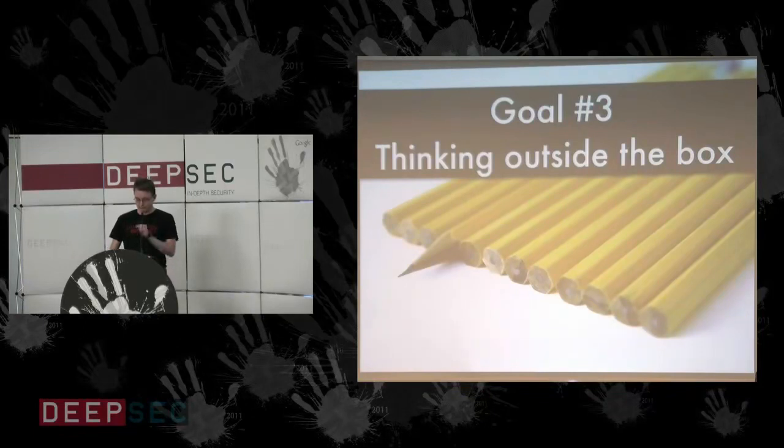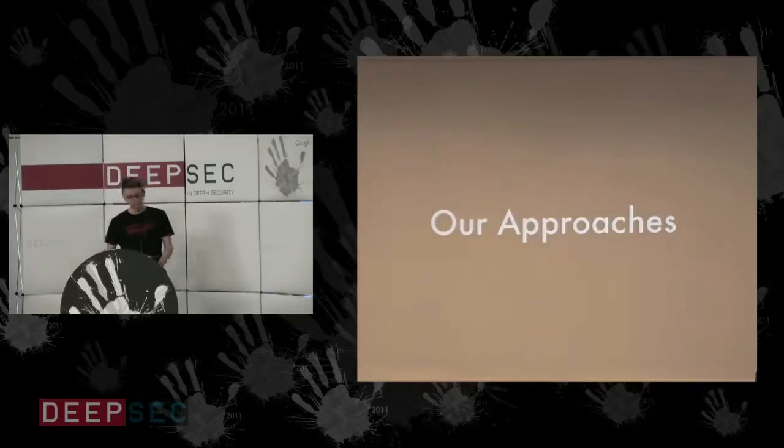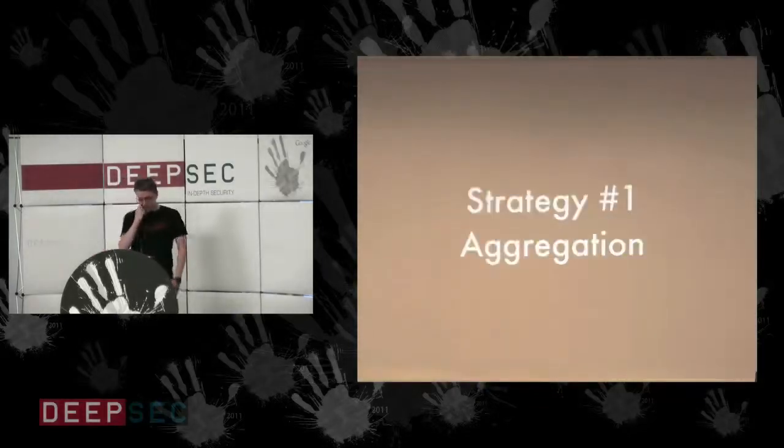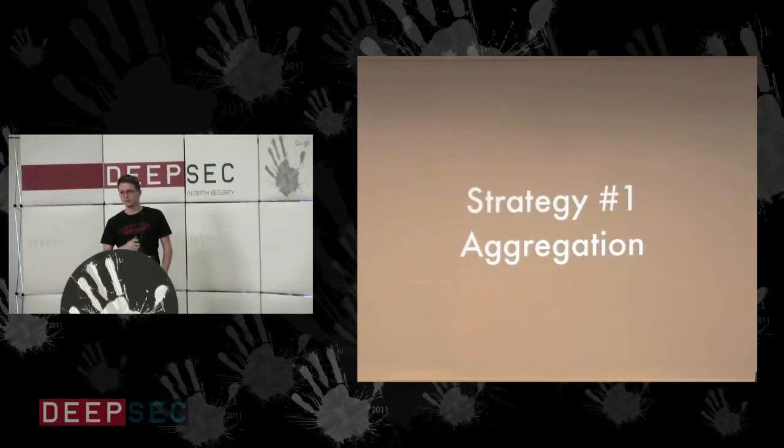And our approaches, we had a few strategies, and let's talk about these. We knew we had to write software because we wanted to automate things. We wanted to take away the workload from ourselves and put it into software.